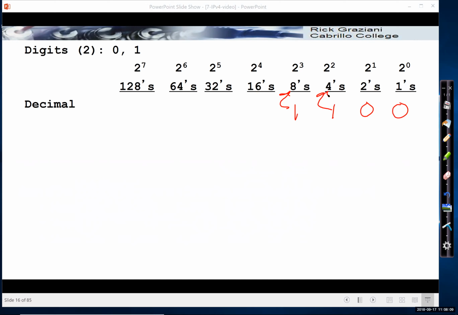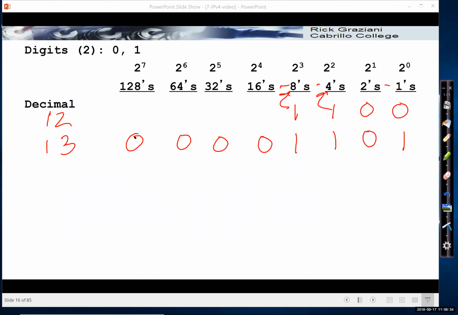We have an 8 and we have a 4. That gives me 12. What if I did 1, 1, 0, 1? I have the 8 again and the 4, but I also have a 1. That would give me 13. By the way, I can put preceding zeros here and that doesn't change the value.